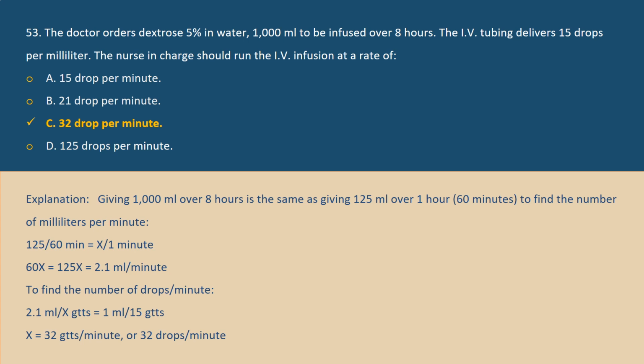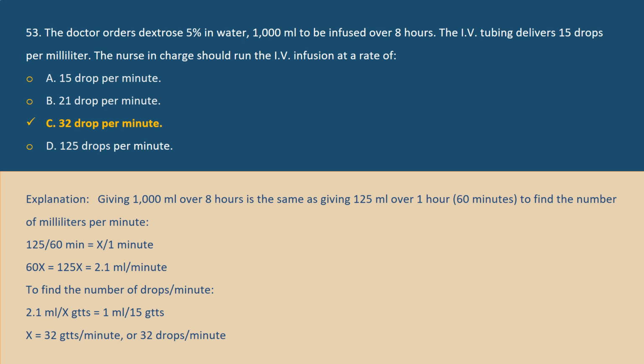Answer C. Explanation. Giving 1000 ml over 8 hours is the same as giving 125 ml over 1 hour. Divide by 60 minutes to find the number of milliliters per minute. 125 per 60 minutes equals x per 1 minute. 60x equals 125, so x equals 2.1 milliliters per minute.